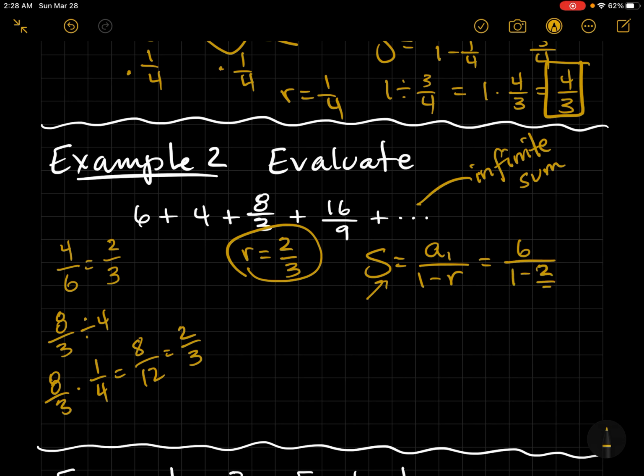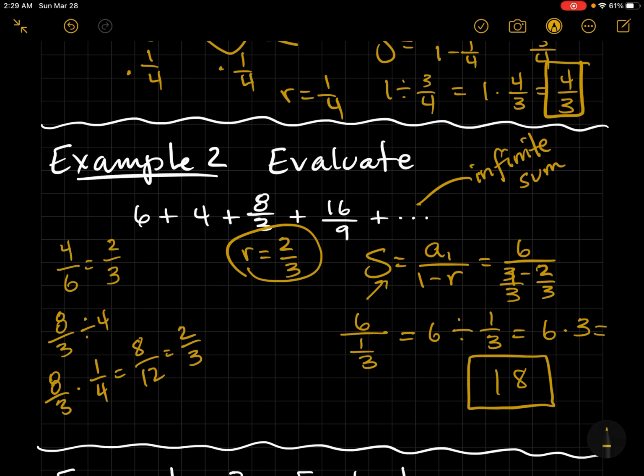So we're looking at 6 over, get a common denominator, 1/3, or 6 divided by 1/3, or 6 times 3, and we converge on 18. And if you look at that, 6 plus 4 is 10, that's a little more than 2, actually. If you just keep adding these numbers up, they will converge on a sum of 18.